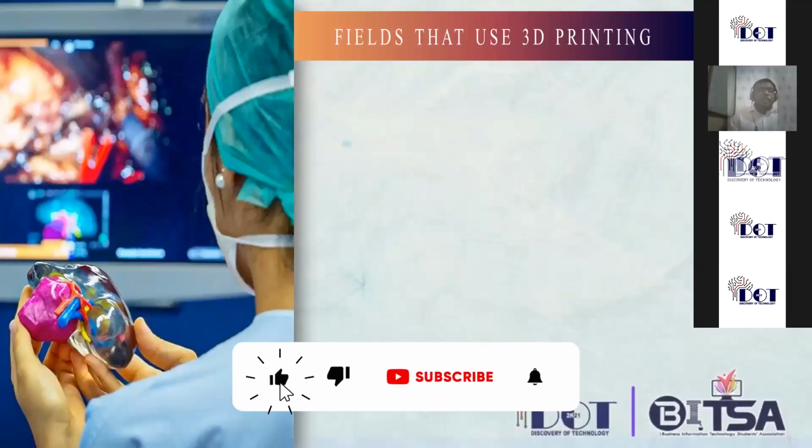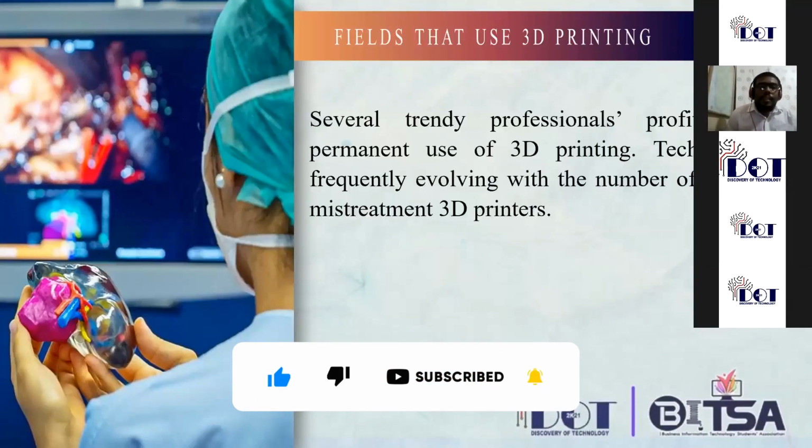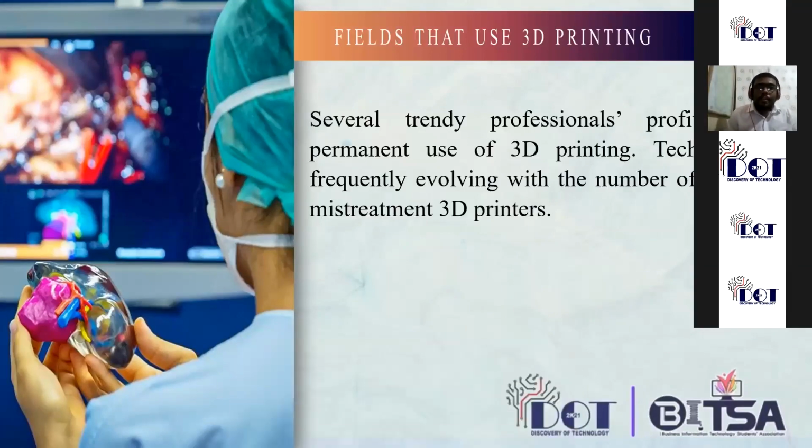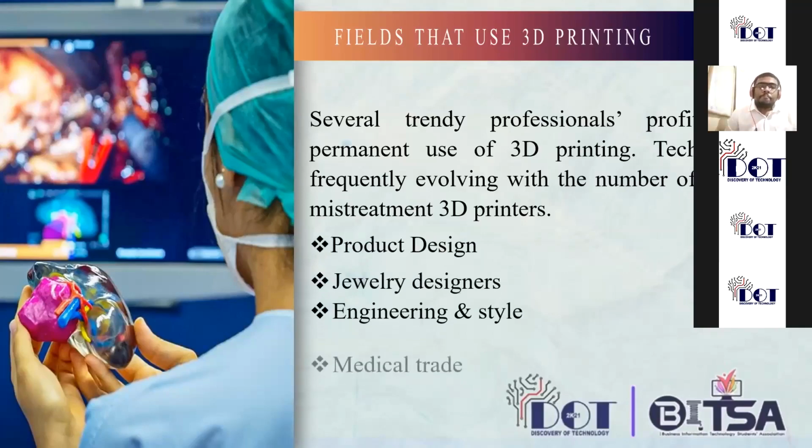Heshana: Thank you very much, Priya. Now we are going to move to our next slide, and that slide is about fields that use 3D printing technology. As you and I know, there are several fields that use 3D printing technology at the moment. And out of those fields, the medical field is the prominent user, and they have made human hearts, human kidneys, and other internal body parts of the human body in order to do their transplantation activities.